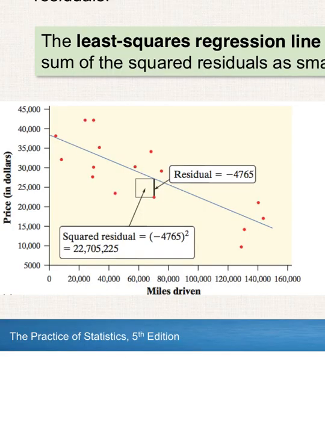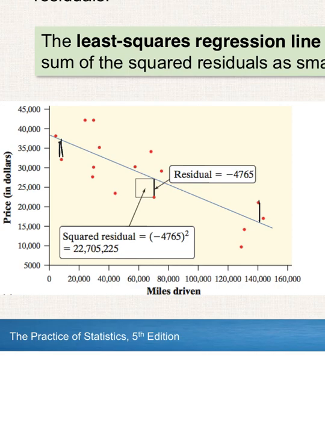So we're going to talk about how the least squares regression line comes to be the best line of fit. Once again, what statisticians often do to offset positives and negatives canceling each other out is to square them. So for example, if we looked at this residual right here and this residual right here, they're very similar in their distance from the regression line.